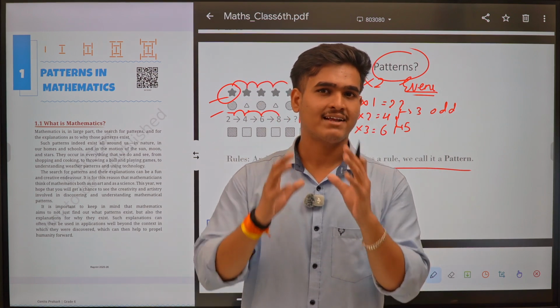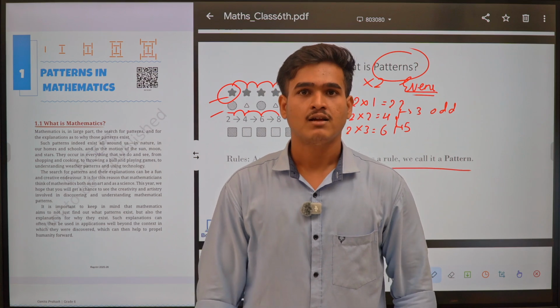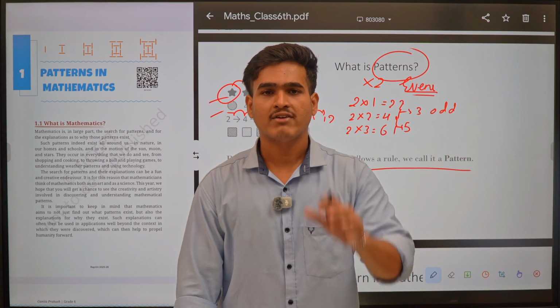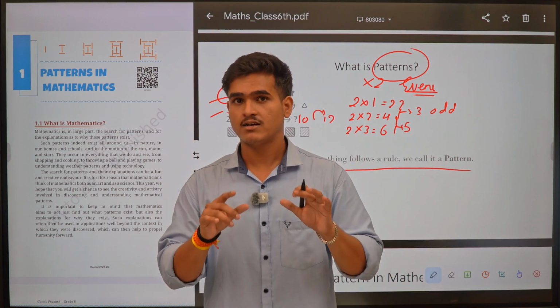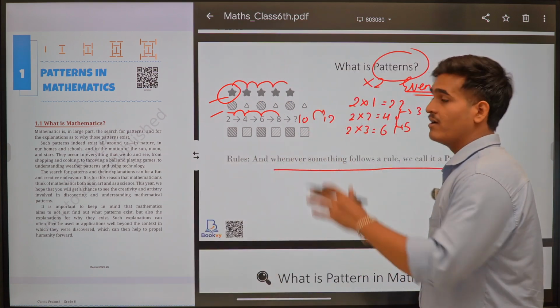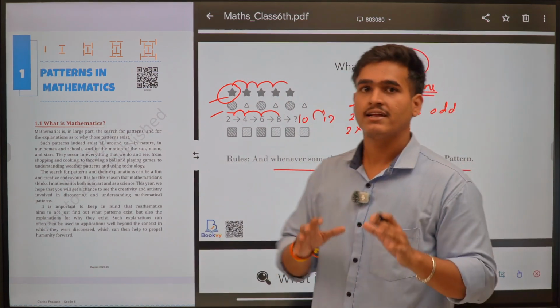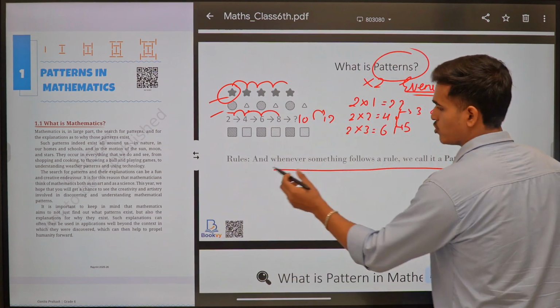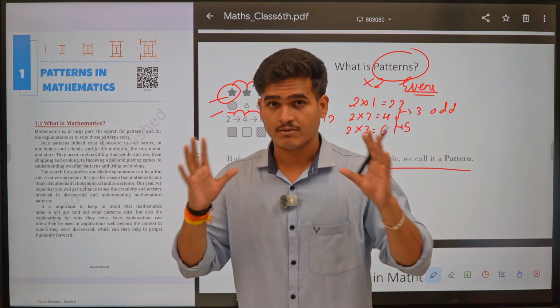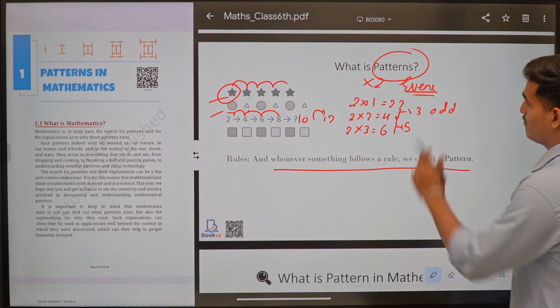You will see a pattern forming. If you have an air conditioner, a chair, a table, it has some shape, right? So that shape which is presented by a pattern is called a pattern. Whenever something follows a rule, by coordinating the points, it is called a pattern.